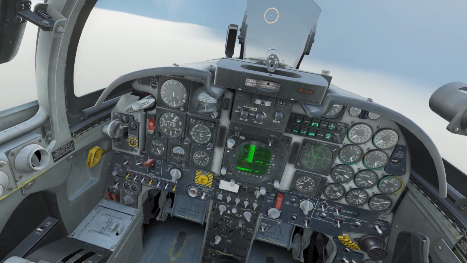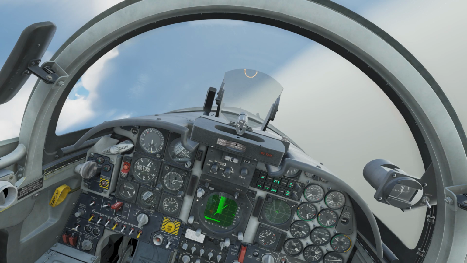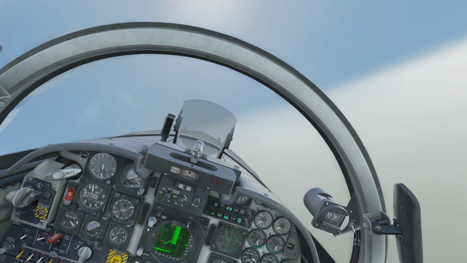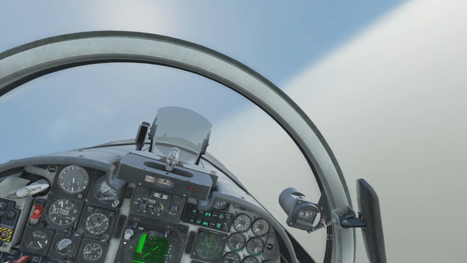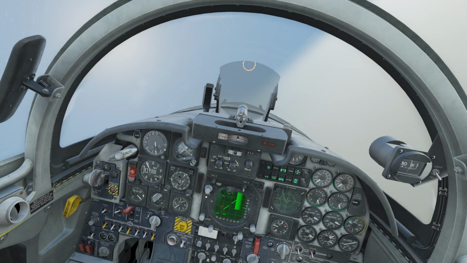The needle is starting to deflect. Bring it around to the right. We are on radial with Batumi Airport.